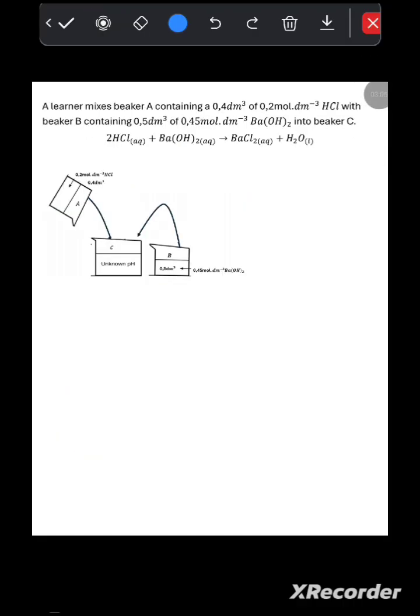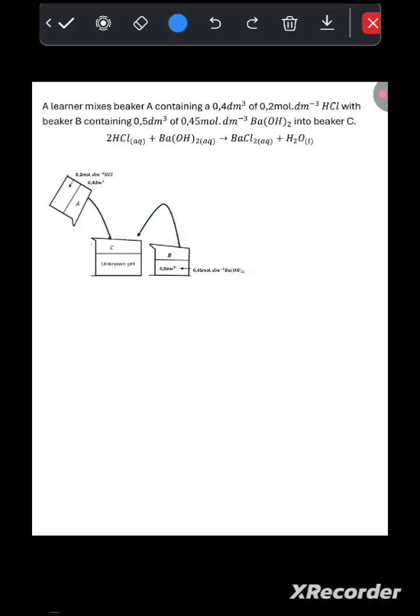Right, so let's look at another pH calculation. We want to calculate the pH of the final solution.